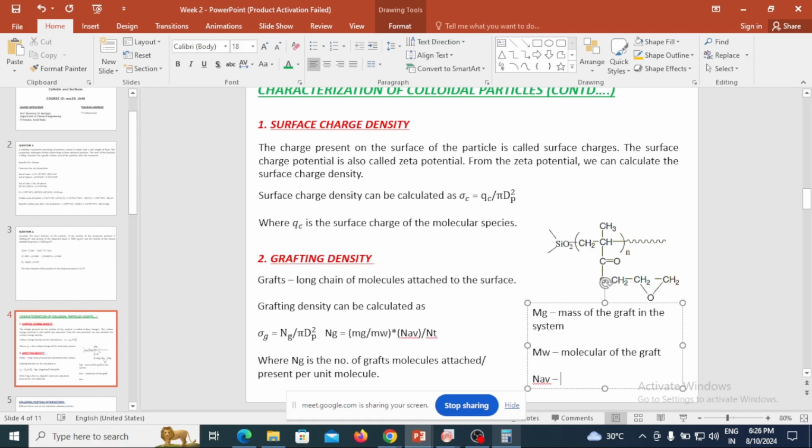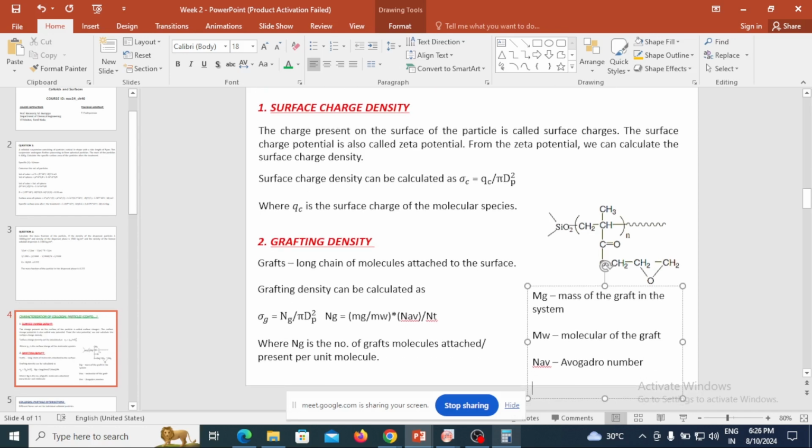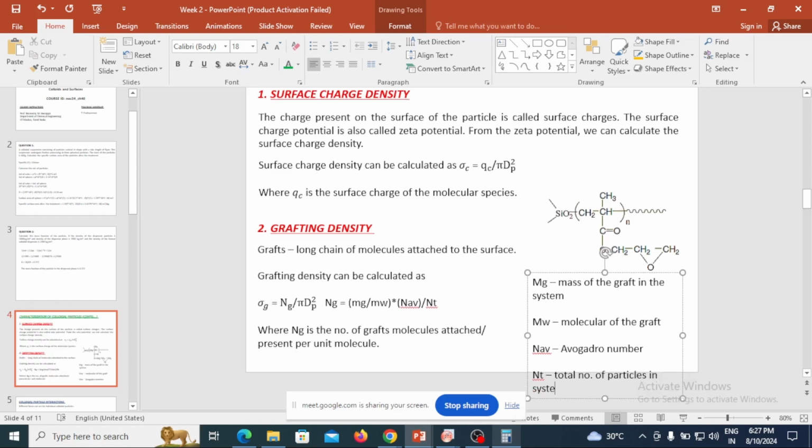Then you have Nt. Nt is nothing but the total number of particles in the system.